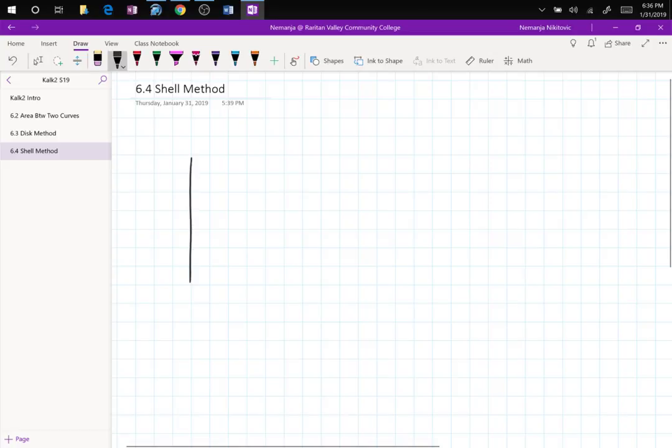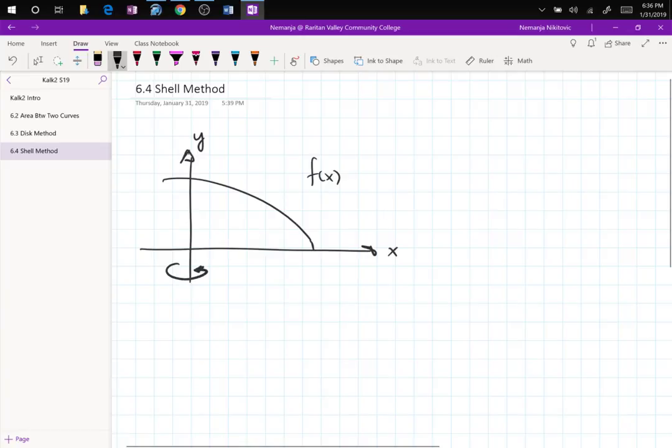So if you have the xy coordinate system, and you have some kind of a function over here, f of x, here's the coolest thing in a galaxy. If you rotate the object around the y-axis, you will be using delta x, because delta x is parallel to your axis of rotation.